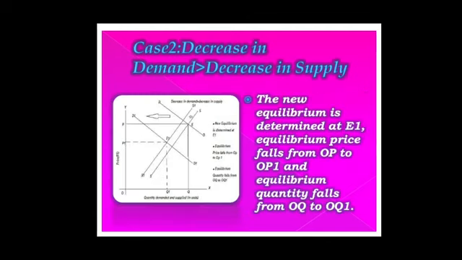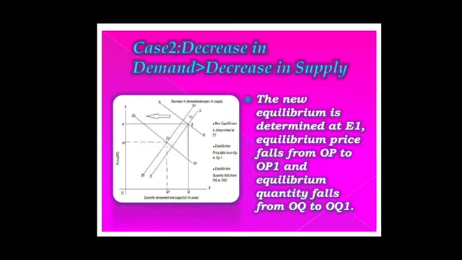Now coming to case second, which is when decrease in demand is greater than decrease in supply, the initial equilibrium point is determined at point E, where the original demand curve DD intersects the original supply curve SS. At point E, equilibrium price is OP and equilibrium quantity is OQ.